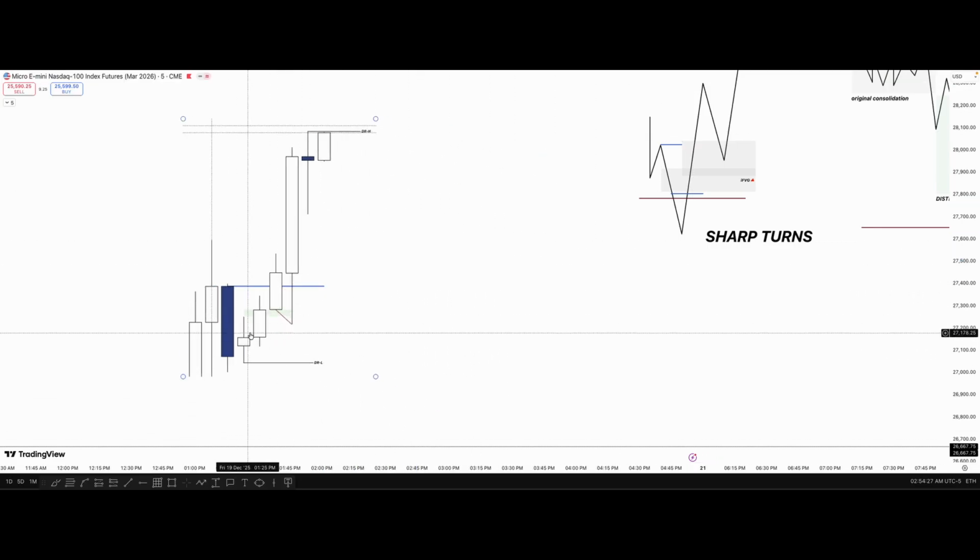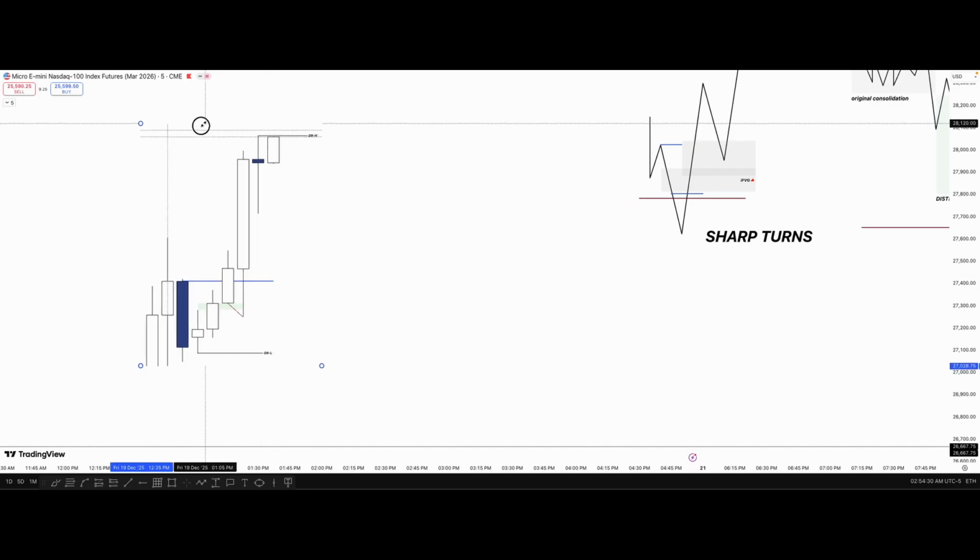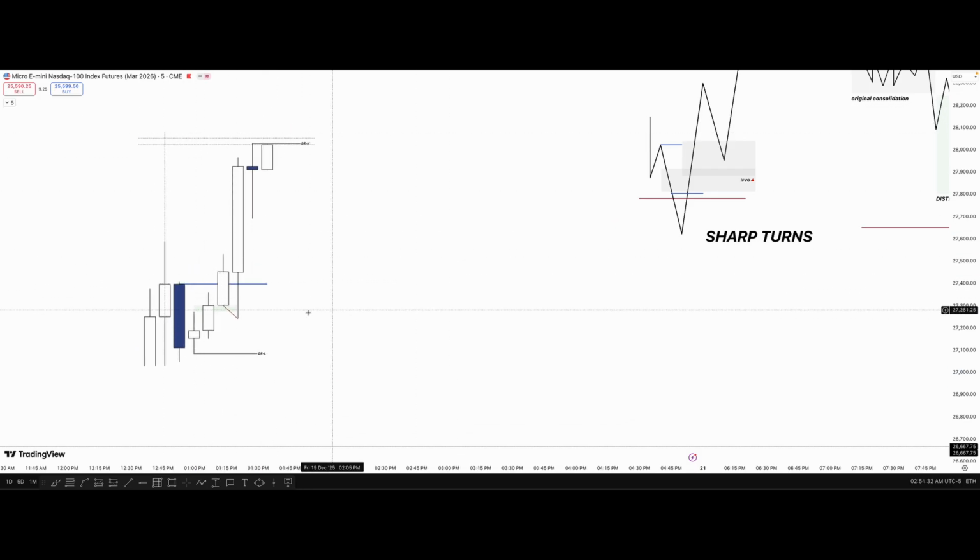This is it, right? Here the distribution, and what has happened here? What is actually happening here? The price is displacing aggressively higher, right? Creating fair value gaps, creating changes in delivery, and it is going from an ERL to ERL, right?